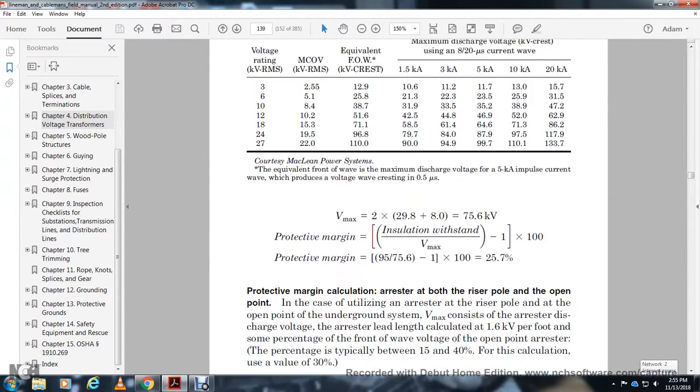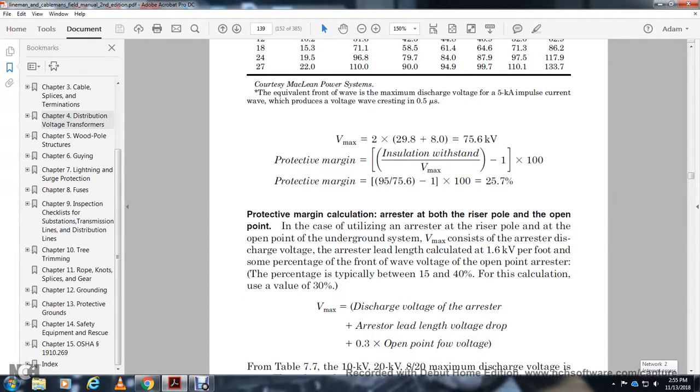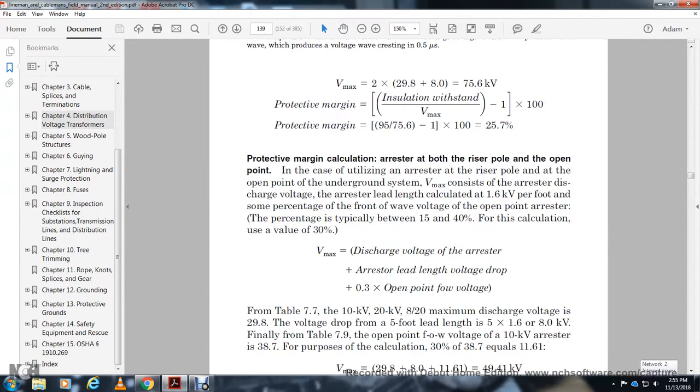Now the protection margin calculation with both the riser pole arrester and the open point arrester. In this case, use the arrester at the riser pole together with the open point of the underground system for the maximum voltage. The maximum voltage includes the discharge voltage of the arrester and the arrester lead length drop, calculated at 1.6 kilovolts per foot, plus some percent of the front-of-wave voltage of the open point arrester, with the percent typically between 15 and 40%. For the calculation, use 30%.